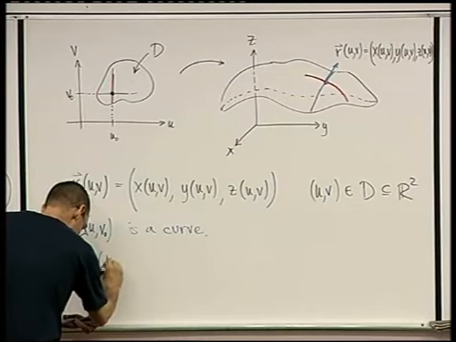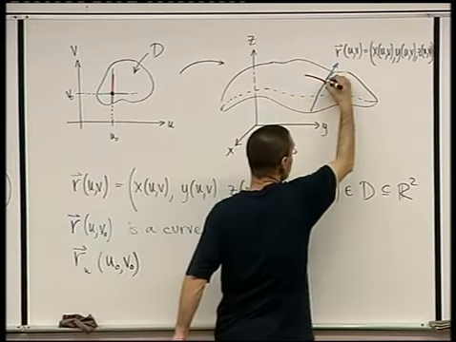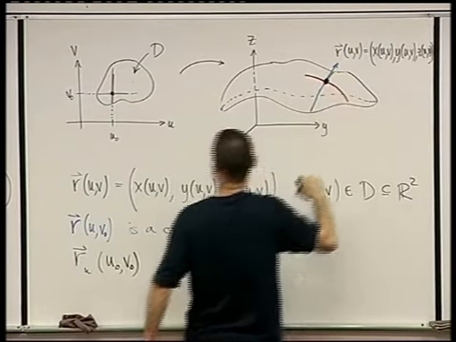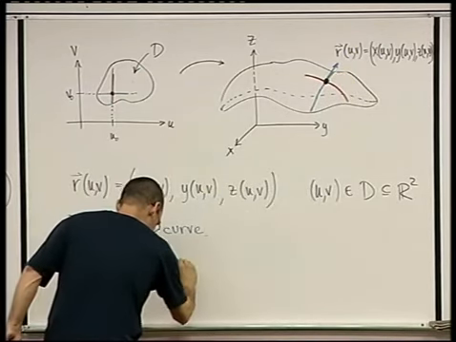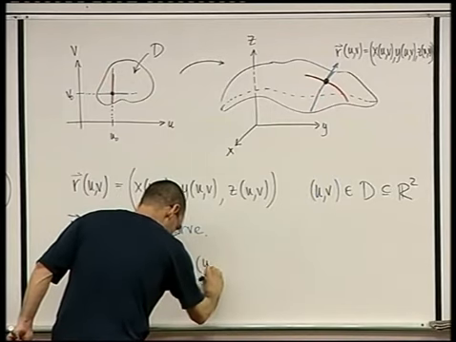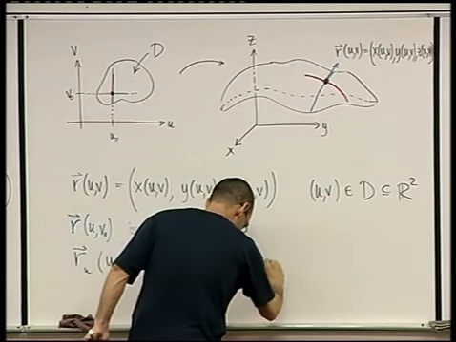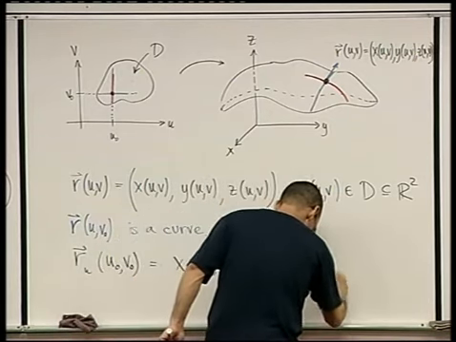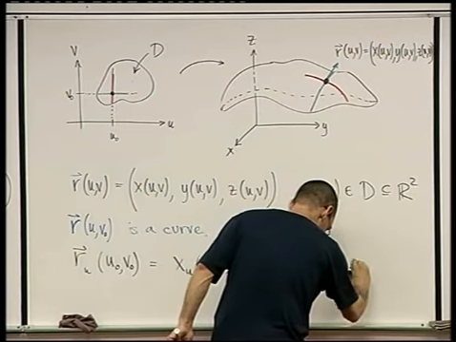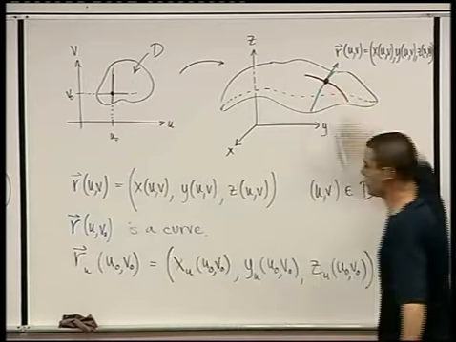Okay, maybe let's add that. R sub U at U0, V0, at this point, this is the point corresponding to U0, V0, which is x sub U at U0, V0, y sub U at U0, V0, z sub U at U0, V0. This is this tangent vector.